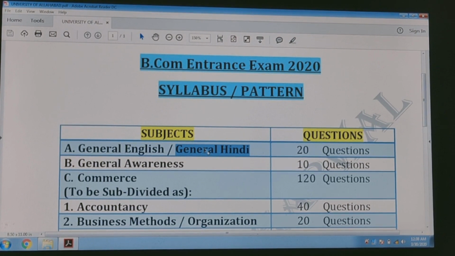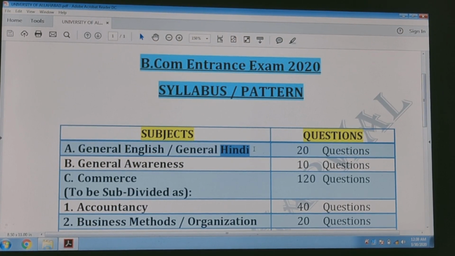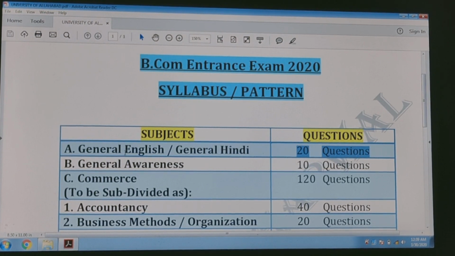Because there is a choice here: whichever students want to attempt the paper in English can do so, and if a student is more comfortable in Hindi, he can go for Hindi as well. There will be as many as 20 questions from this section.